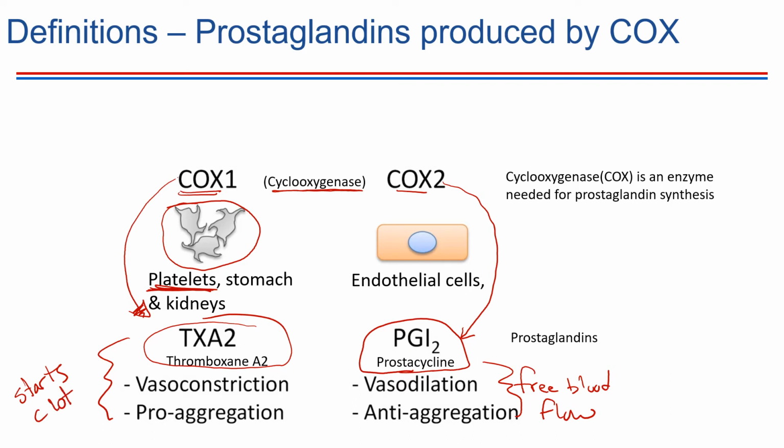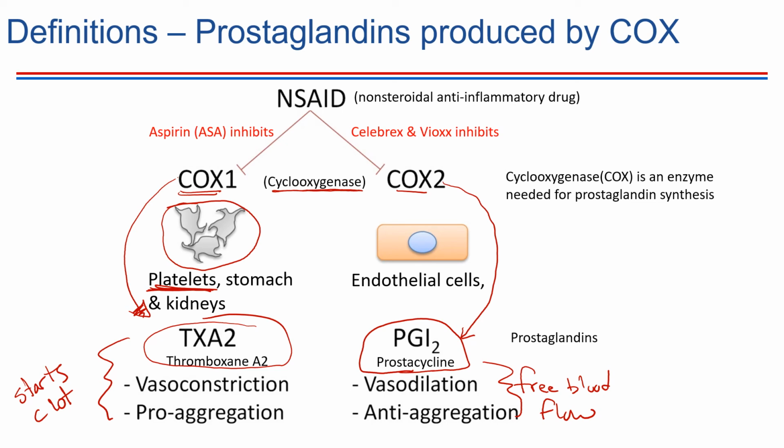Now, the reason I bring up COX-1 and COX-2 is because I mentioned a minute ago, you may have heard of COX-1 and COX-2 inhibitors. Well, our NSAIDs, non-steroidal anti-inflammatory drugs, can make COX inhibitors. And the most common one that you've probably heard of is aspirin. Aspirin is going to inhibit COX-1.